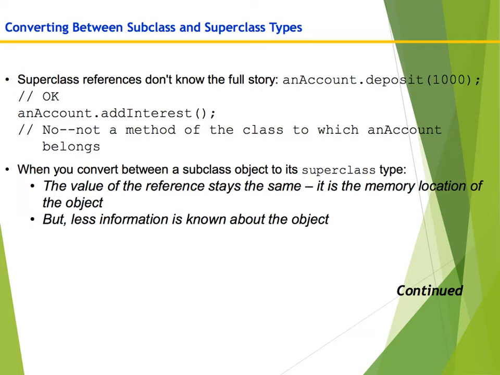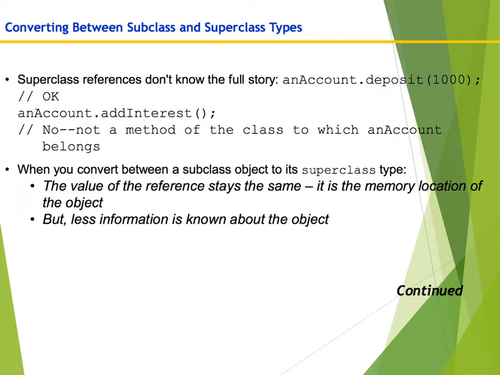But if you call the method add interest for the object in account, the compiler doesn't let you do that because the compiler sees that an account has type account, and a bank account does not have an add interest method.